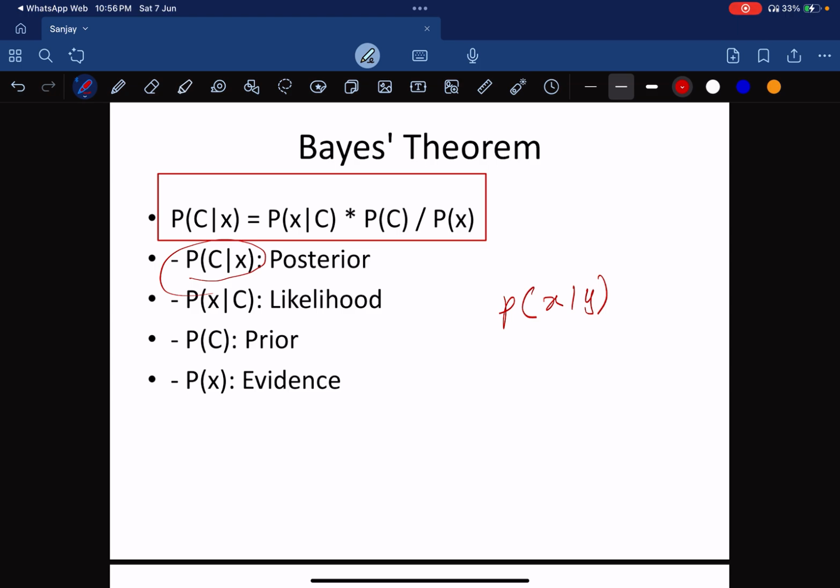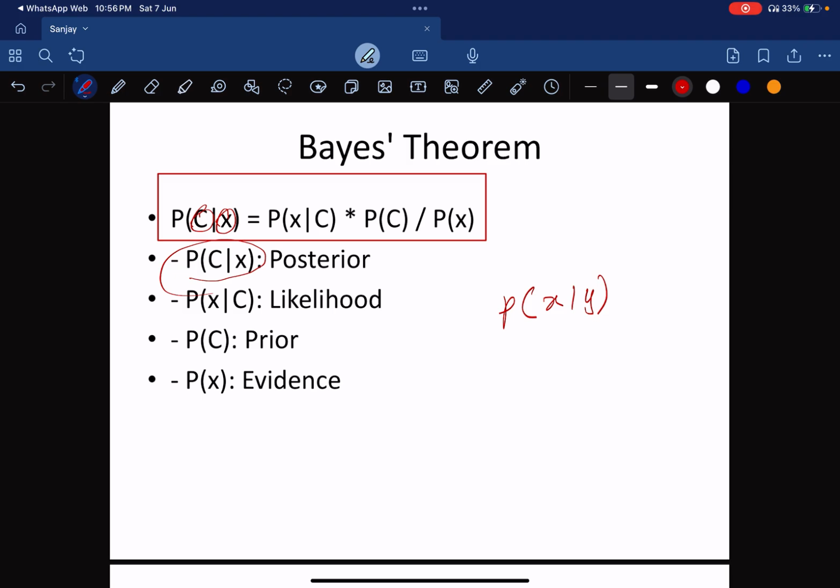This means we are finding the probability of x given that event y has already happened. Here we are finding the class of the data x, assuming it has already happened.